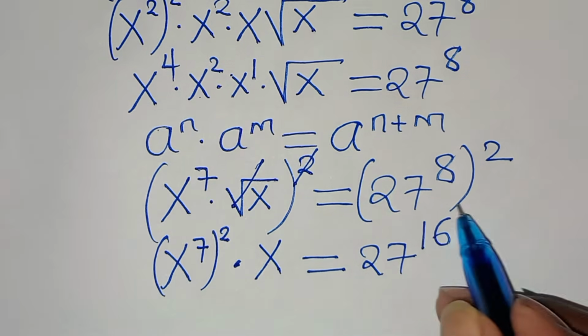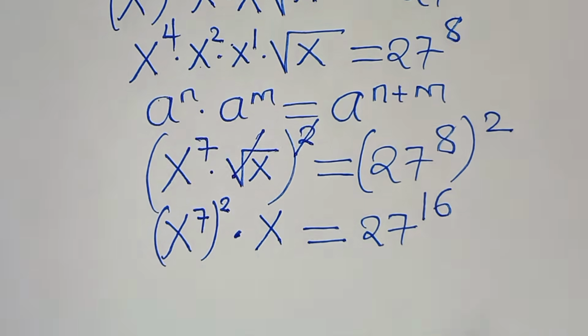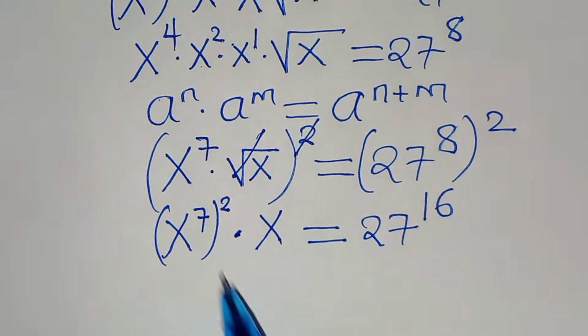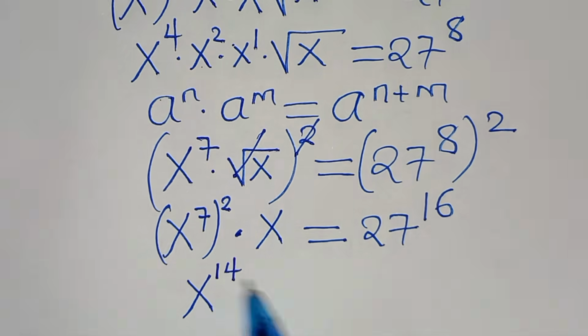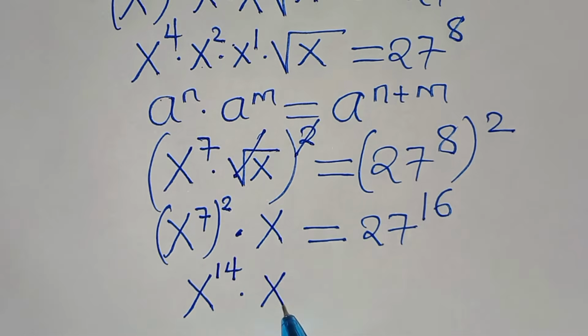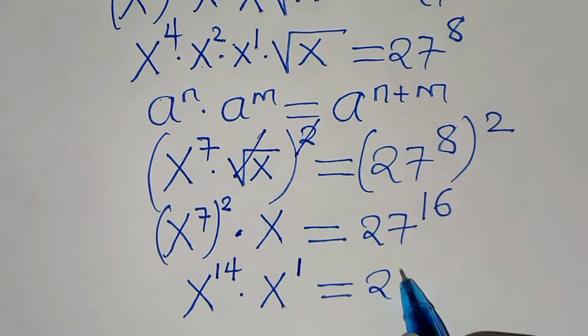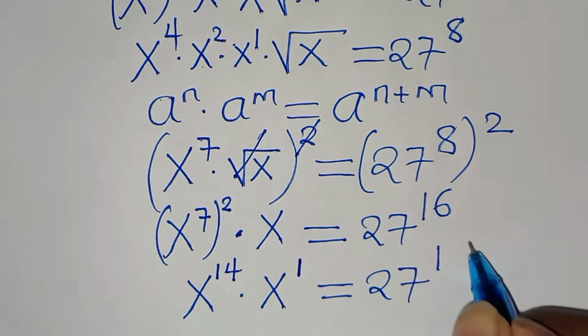So we have 27 raised to the power of 16. Now here we have x to the power of 7 times 2, this is x to the power of 14, multiplying by x, remember x is raised to the power of 1, this is equal to 27 raised to the power of 16.